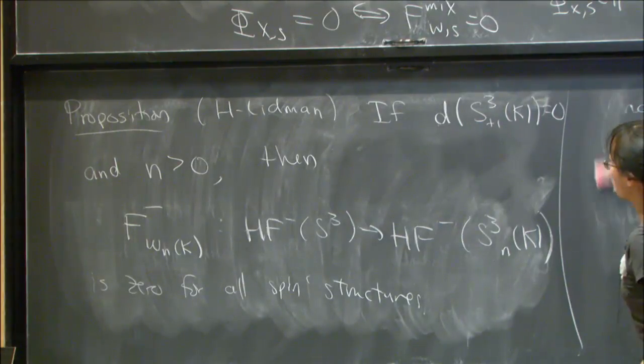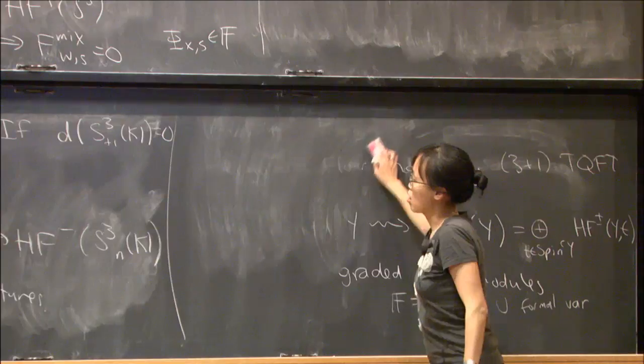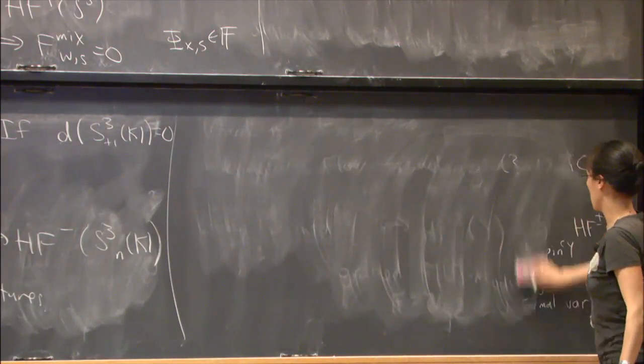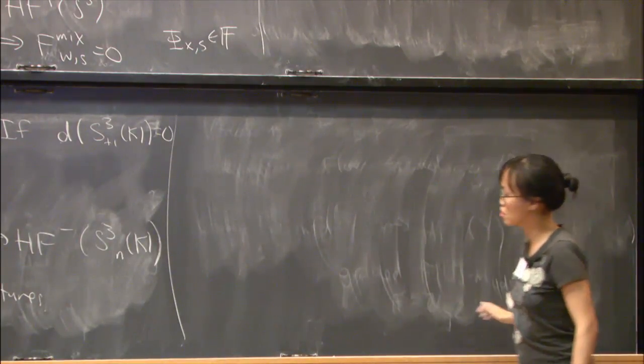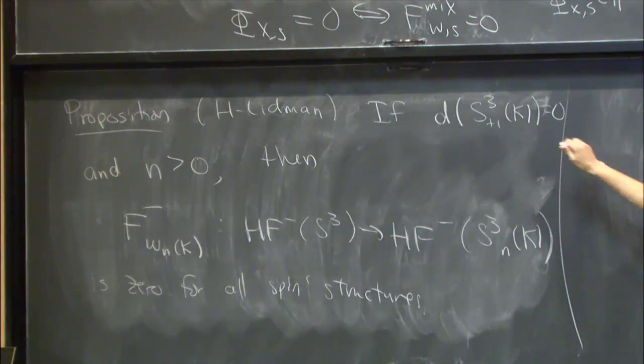So let me make a couple of remarks. You might wonder, how common is it for d of +1 surgery to be 0? Let me give you several classes of knots for which this is true.